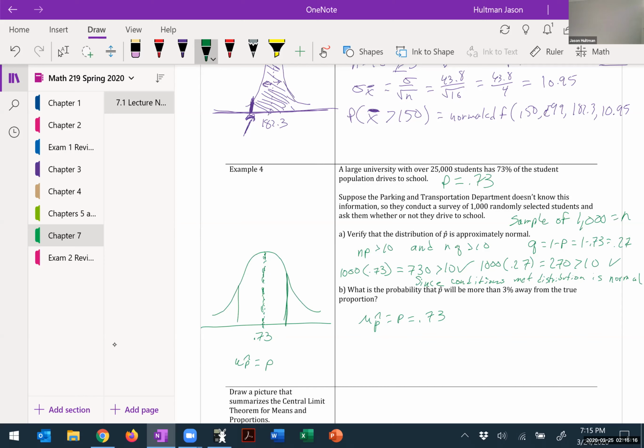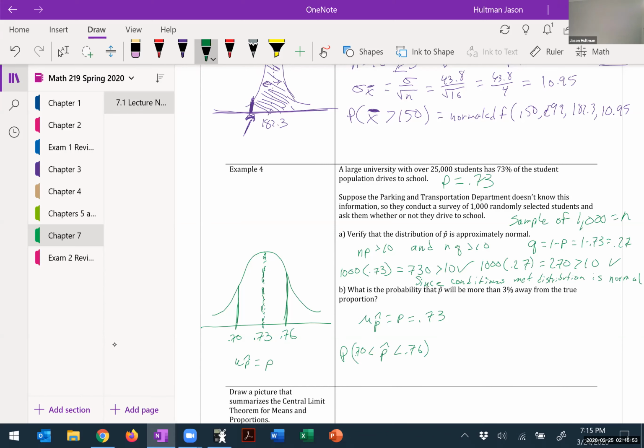Within 3% is going to be up to 0.76 and down to 0.70. So this is really asking for the probability that the sample proportion is between 0.70 and 0.76.